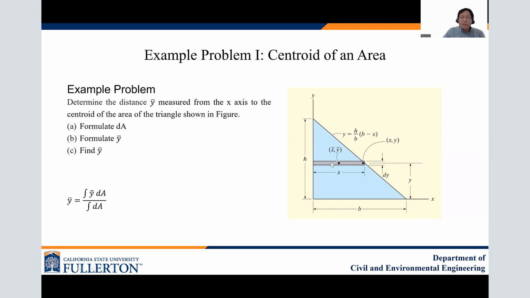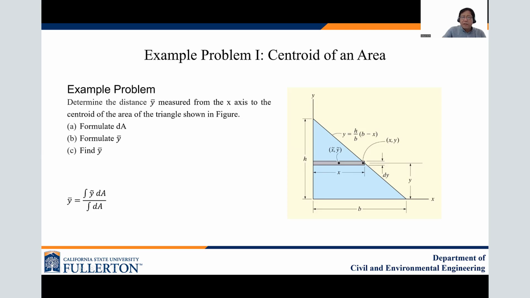Actually, y bar is the integration of y tilde, which is the centroid of this rectangular shape, right? And then integration of dA, but the range is from 0 to h. So this strip goes from 0 to h, and then with the integration, you can find the y bar value.